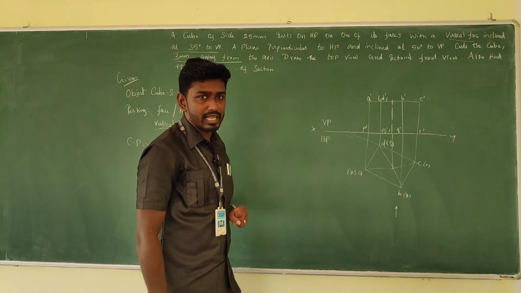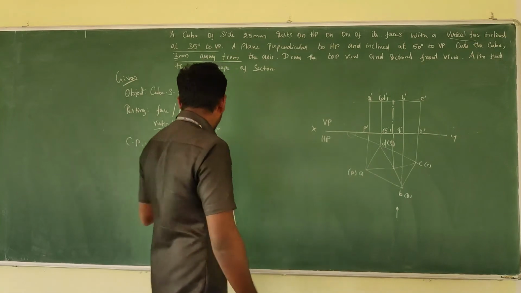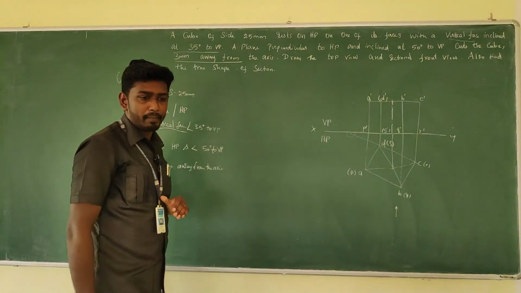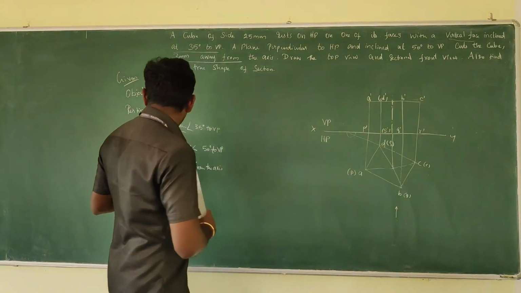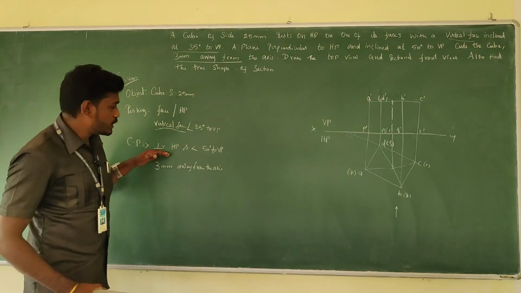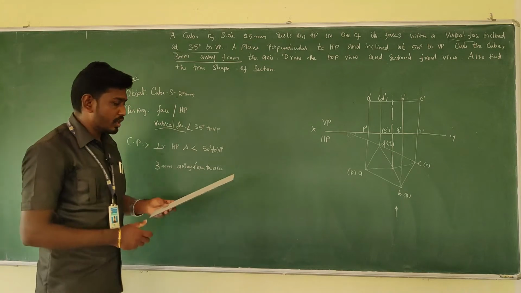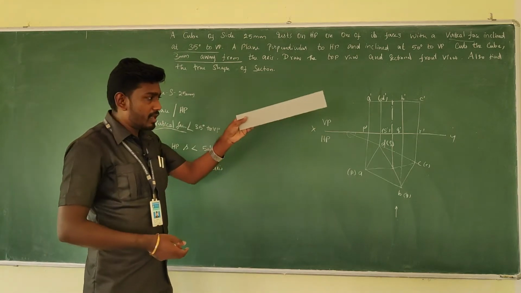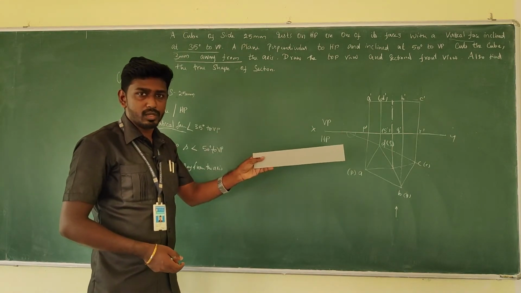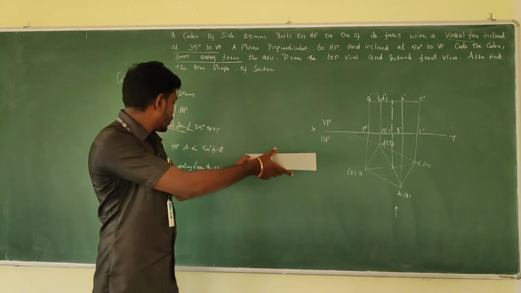What is next after having it? You need to specify the cutting plane. See, here the cutting plane is perpendicular to HP and inclined 50 degree to VP. So if it is perpendicular to HP, how to cut the object? Something like this, and it is inclined to VP.